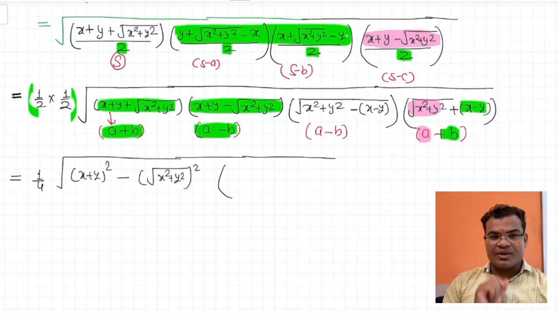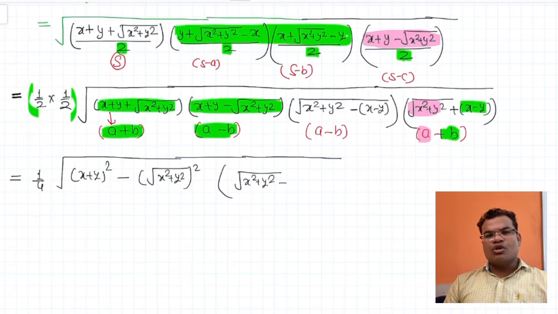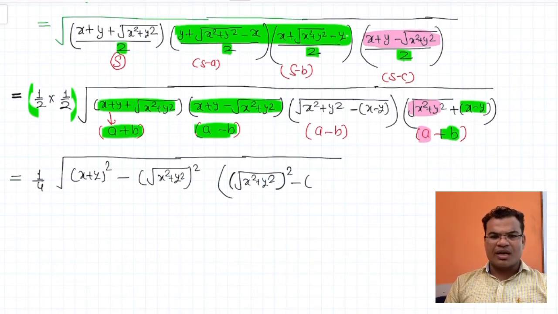This is the first a square minus b square. Similarly in the second, a is under root x square plus y square whole square, and minus b square means x minus y whole square. Let me make the square also, and minus x minus y whole square is the second bracket.